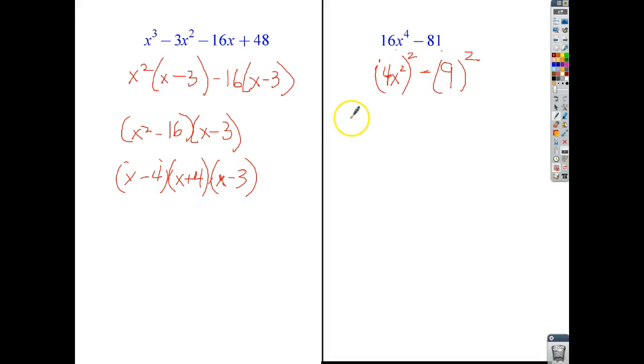So what I'm going to have here is 4x squared minus 9, and then 4x squared plus 9.